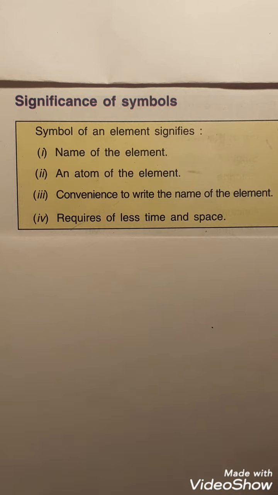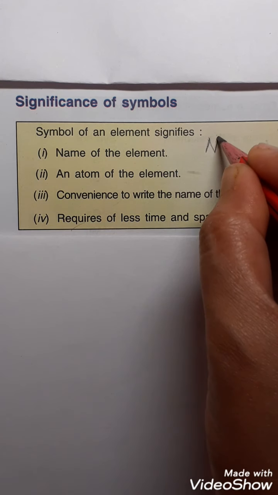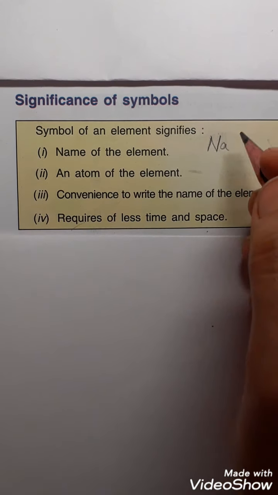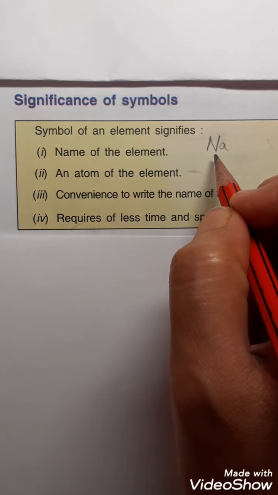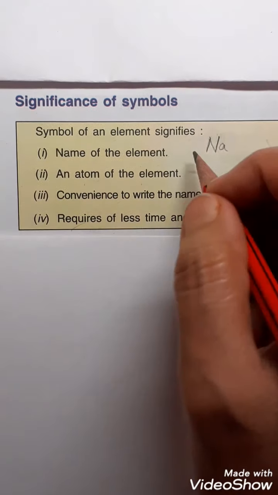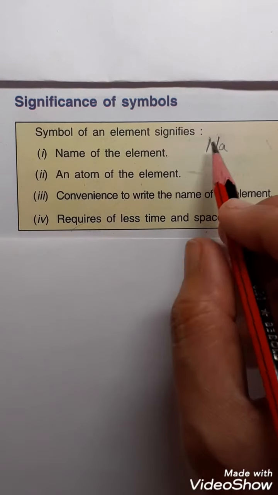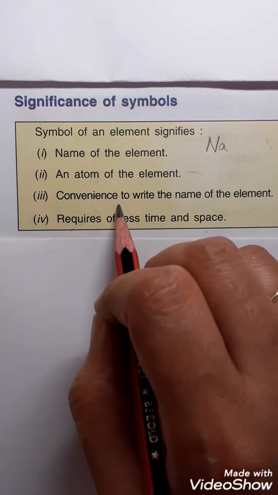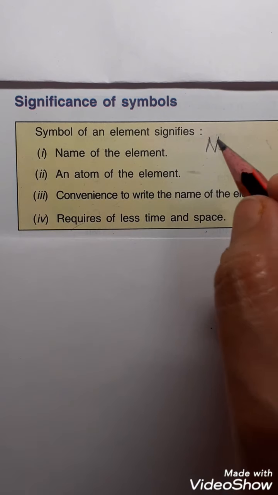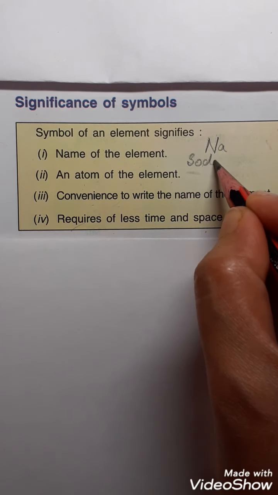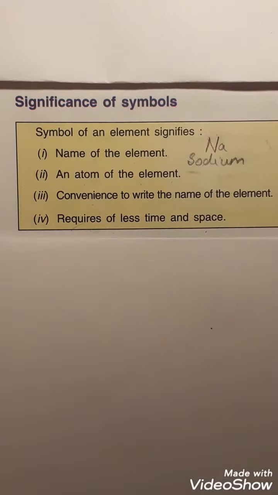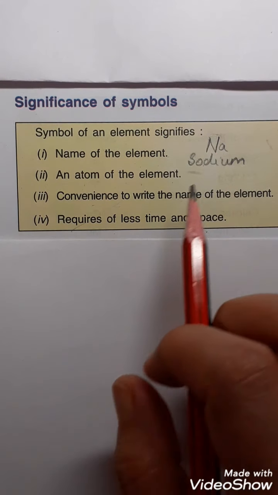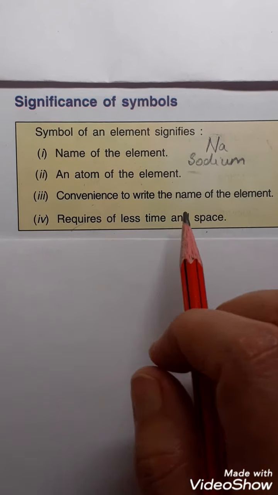For example, Na is a symbol. Name of the element is sodium. Atom of the element, here will be sodium atoms in the sodium element. And you can write the name of the element, sodium, we can write, and the symbol requires less time and space.